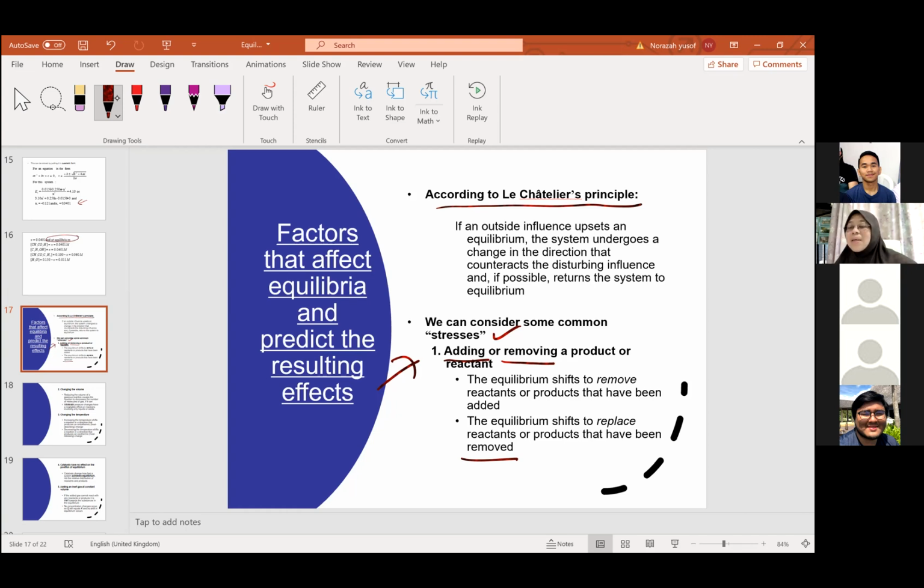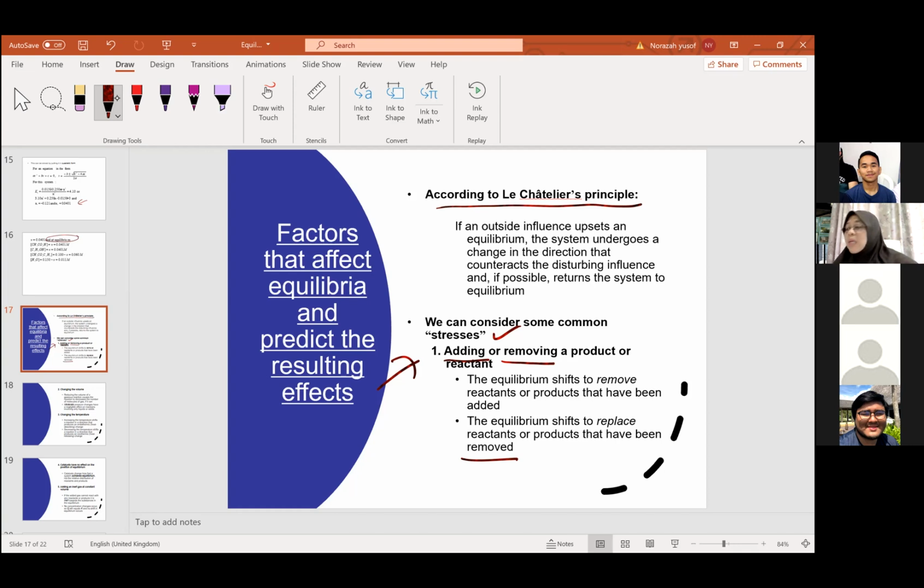It means that it will quickly try to remove the reactant that you add, or it will quickly produce more to replace the product that we have taken from the system.